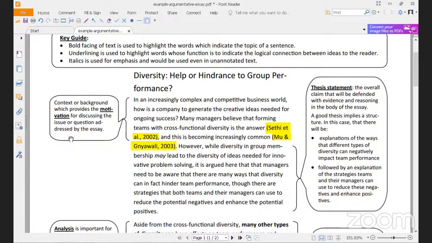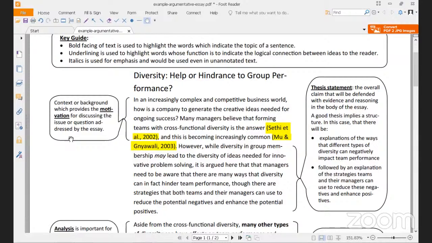However, while diversity in group membership may lead to the diversity of ideas needed for innovative problem solving, it is argued here that managers need to be aware that there are many ways that diversity can in fact hinder team performance.